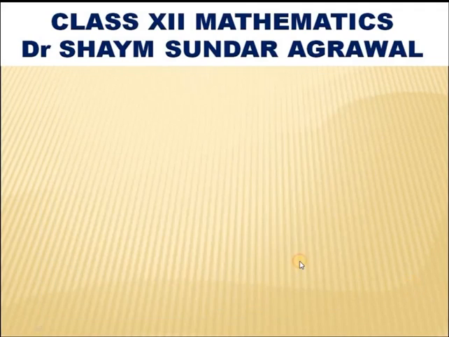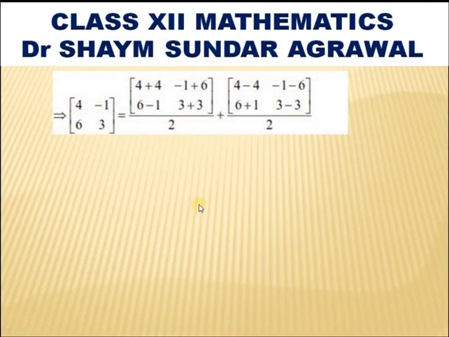Then by taking simple addition and subtraction of matrices: 4 plus 4, minus 1 plus 6, 6 minus 1, 3 plus 3, whole divided by 2, and similarly their subtraction is 4 minus 4, minus 1 minus 6, 6 minus of minus 1 is plus 1, 3 minus 3, divided by 2.